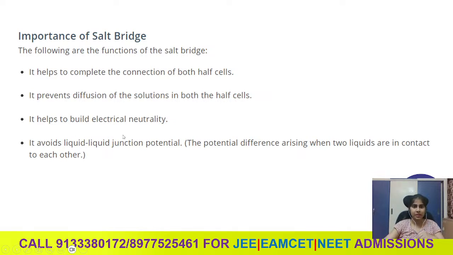It helps to build electrical neutrality. It means it is used to balance the charges present in both the solutions. It avoids liquid-liquid junction potential. It means the potential difference arising when 2 liquids are in contact with each other. That will be avoided by this salt bridge.